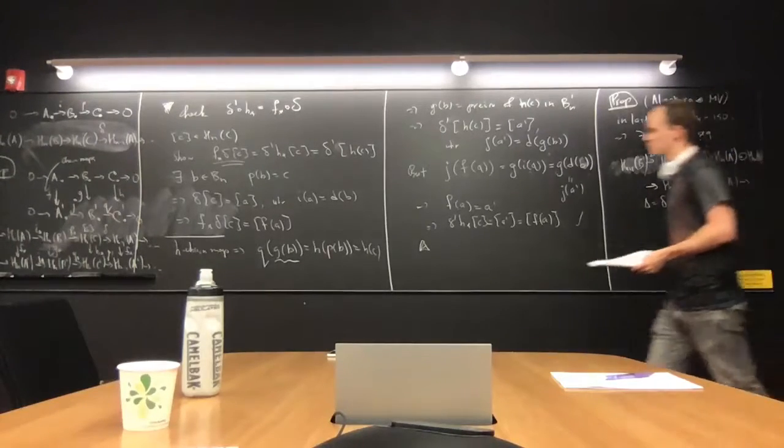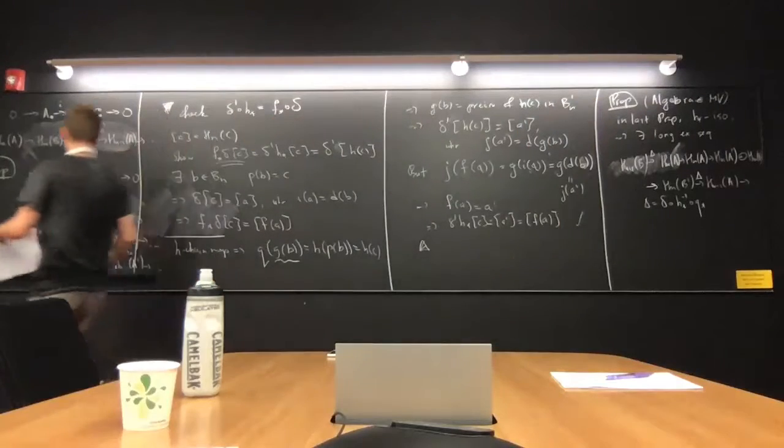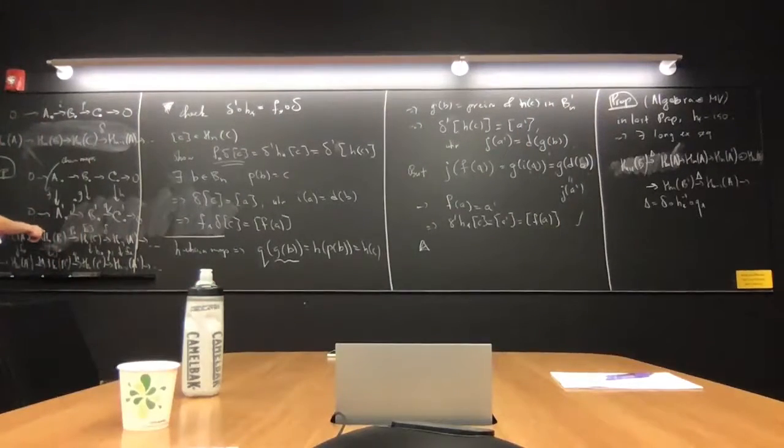So basically, if you look at the structure, what happens is you take this diagram, and H is an isomorphism. So we go from here, then into the sum of these two, into here.